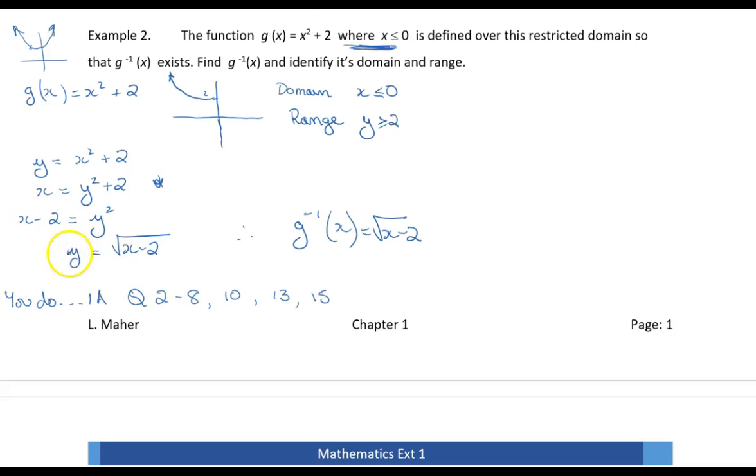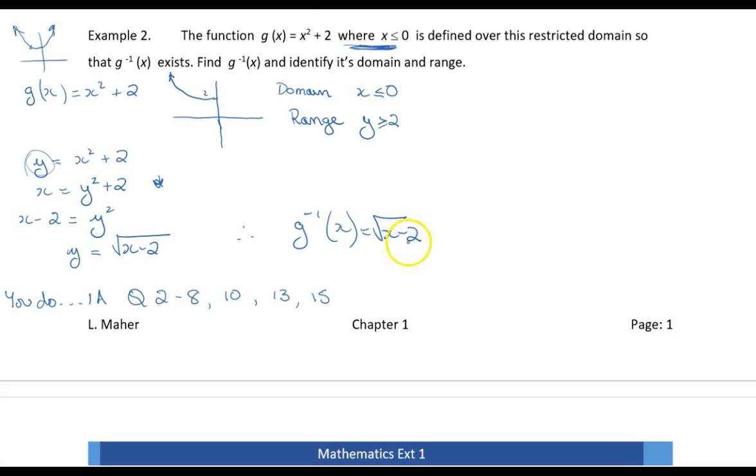It's too confusing to leave it as y because we talked about a y there, and this is actually a very different y to that one, because remember we swapped them. This is the inverse function y. So let's call it the inverse of the function. It's taking the square root. We know that you can only take the square root of a positive number.